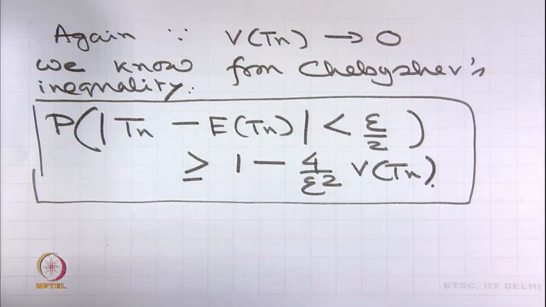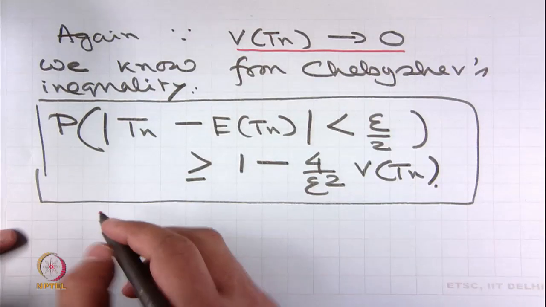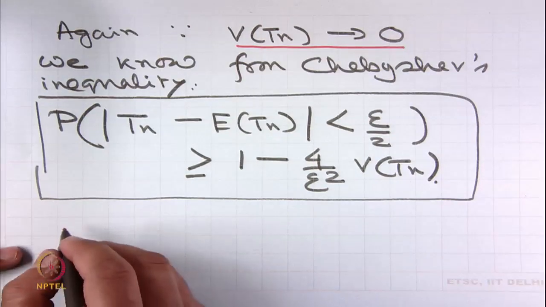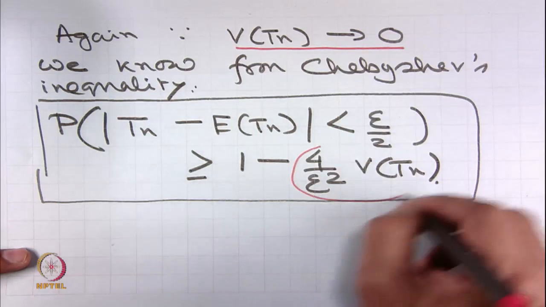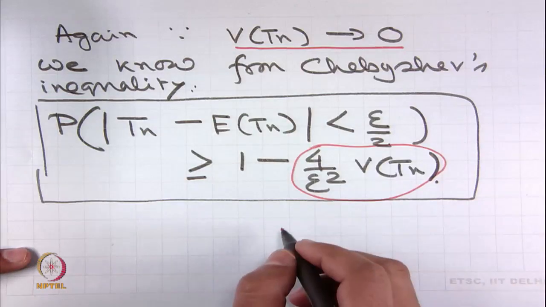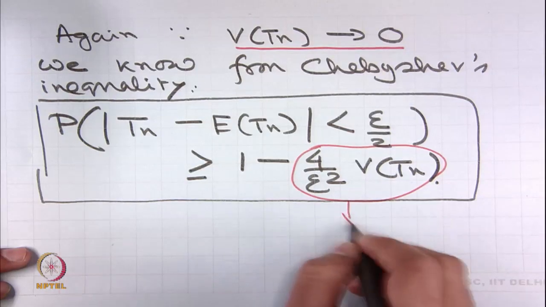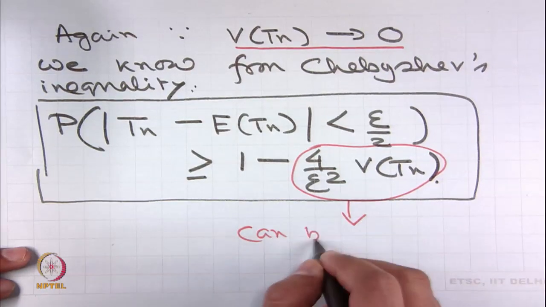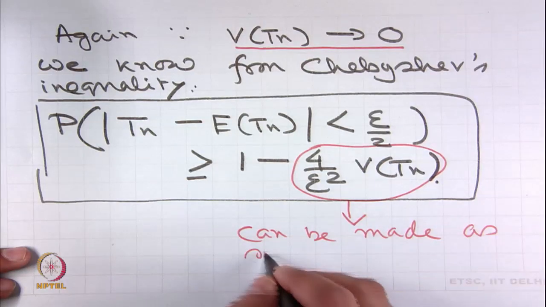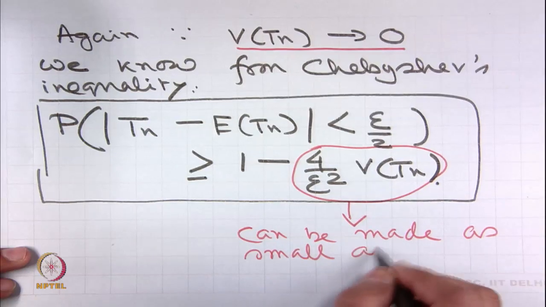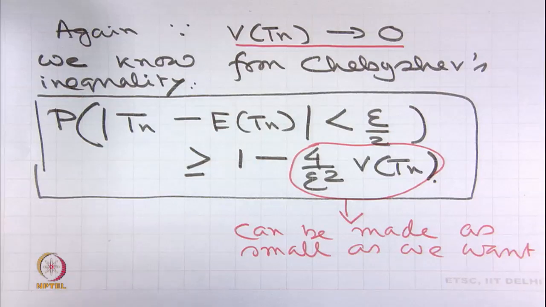Therefore, what we get is that as variance of T n is going to 0, this quantity can be made very, very small.